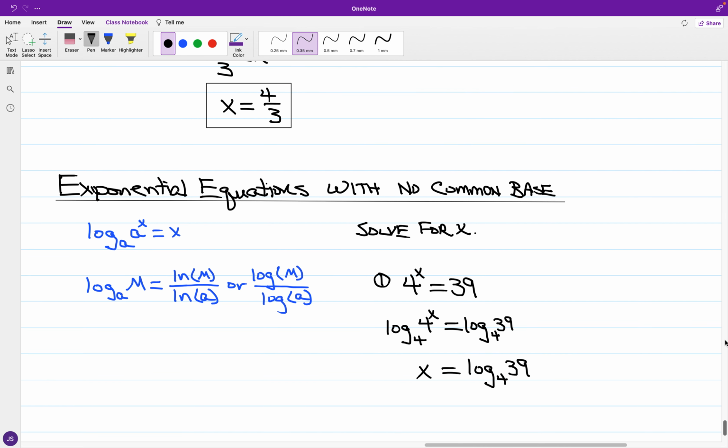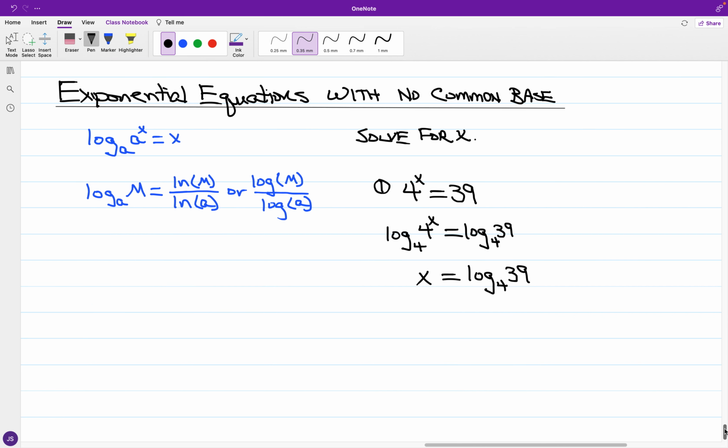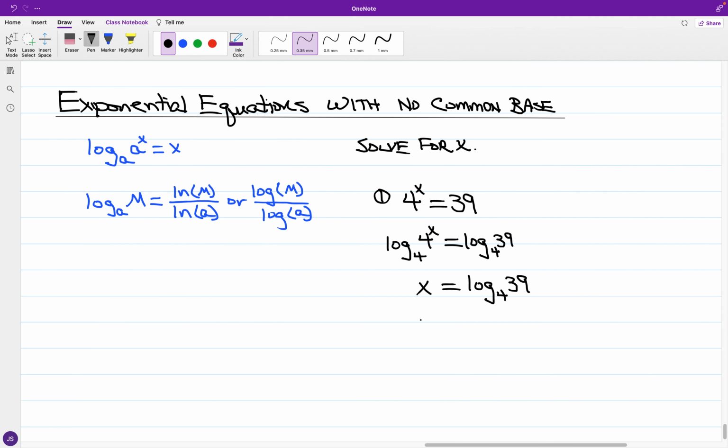And we have that x is equal to the base 4 logarithm of 39. And with the follow through, I can use the change of base formula. I can either use natural or base 10 logarithms. In this case, I'll just go with the natural logarithm of 39 over the natural logarithm of 4.